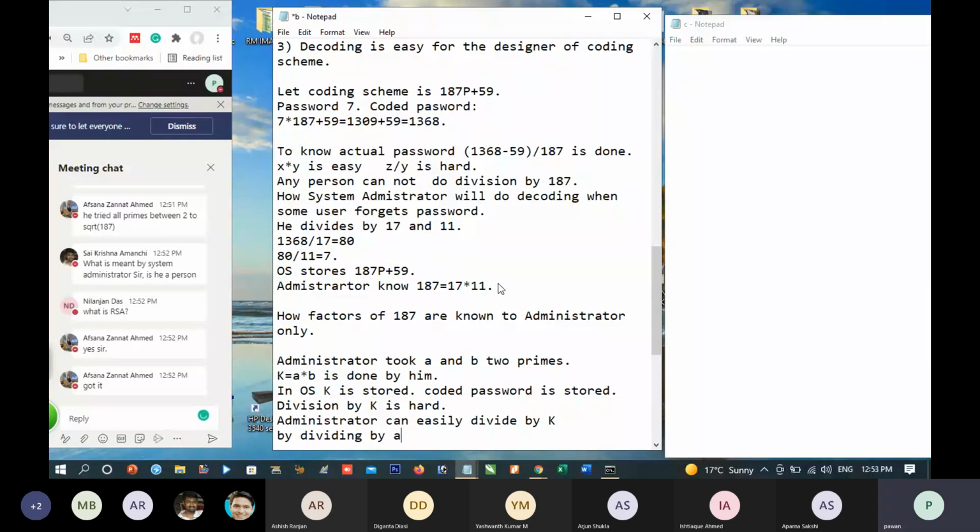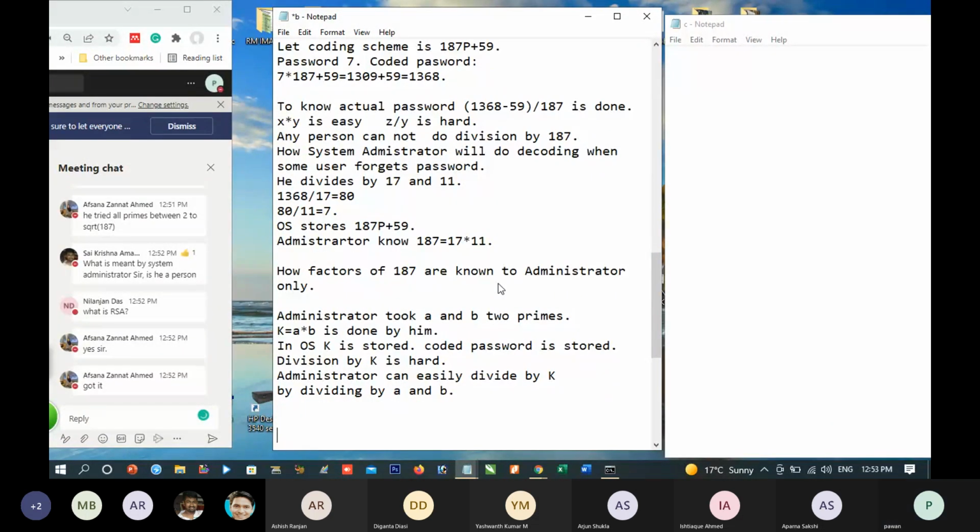Conclusion. Getting the factors of a number is not easy. You cannot get the factors of a number. However, getting a number whose factors are known is easy.